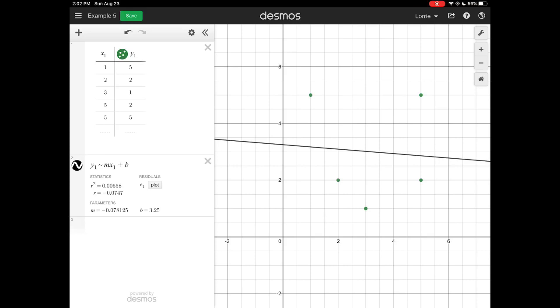So that's a very, very weak, but we can tell that it's negative because it does have a negative in front of it. I have my parameters for m and b as well that we can use to write our equation, even though we know that a line is probably not the best data fit for this particular set of data.